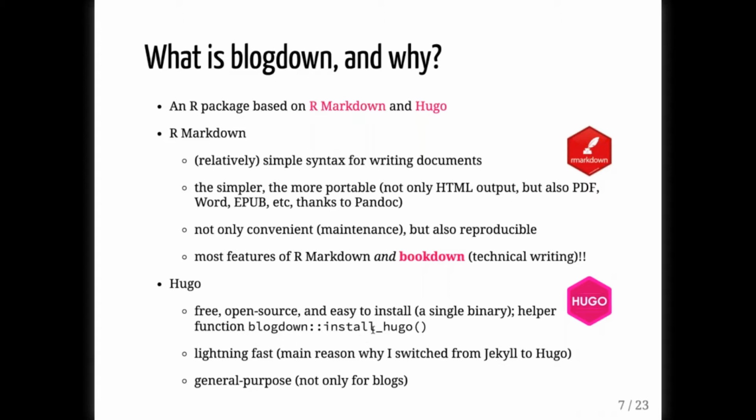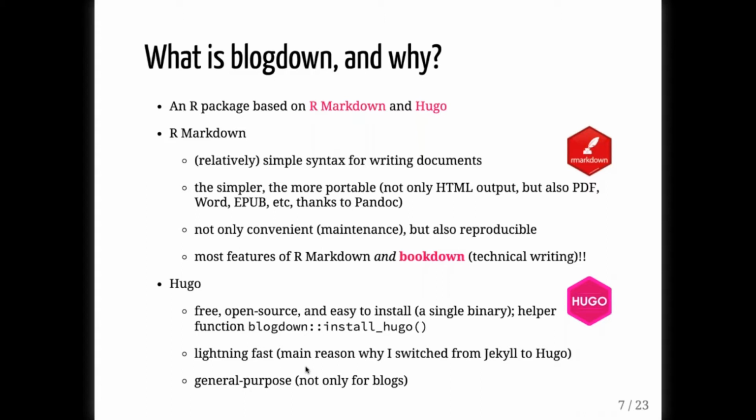And the second reason is that Hugo is lightning fast, and that is the main reason why I switched my own websites to Hugo from Jekyll. So I have nearly 1,000 blog posts over the 10 years, and I found it just way too slow to compile my websites using Jekyll.